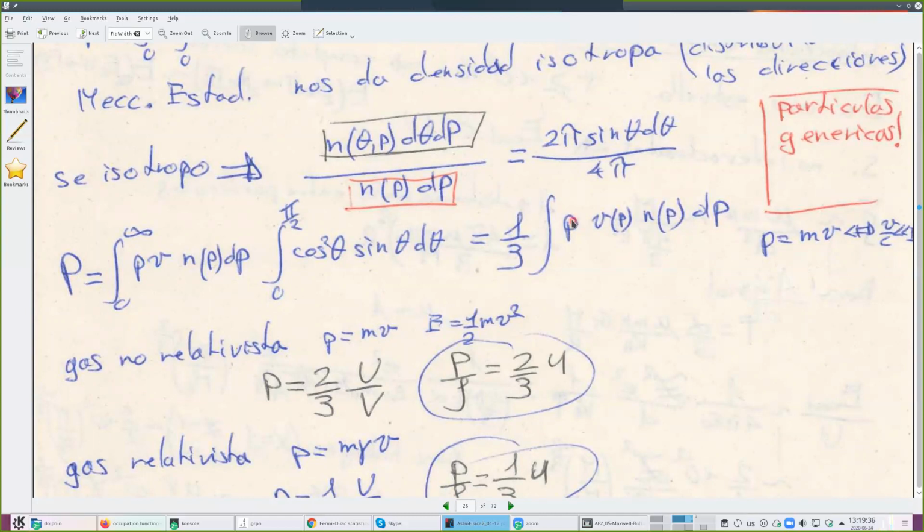And here we have the momentum, p, and the velocity, v. It's true they are connected in this way, but only when the velocities are not relativistic.